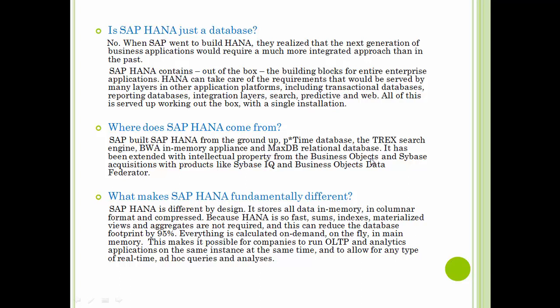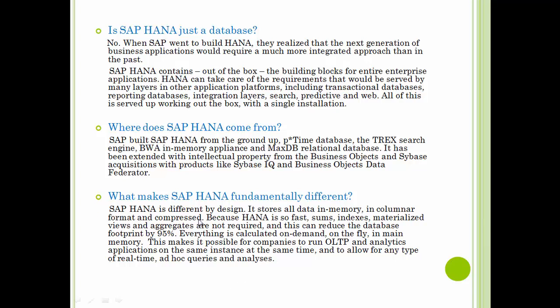So by consuming the technologies which were available in P*Time, TREX search, BWA in-memory, and MaxDB relational database technologies, SAP HANA was built. It has been extended with intellectual property from the Business Objects and Sybase acquisitions, with products like Sybase IQ and Business Objects Data Federator, which are supporting SAP HANA to offer the business needs.